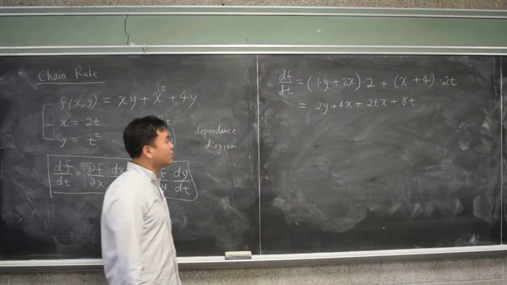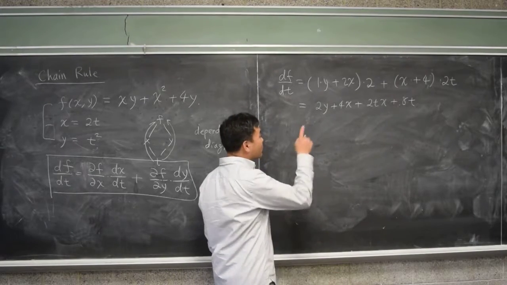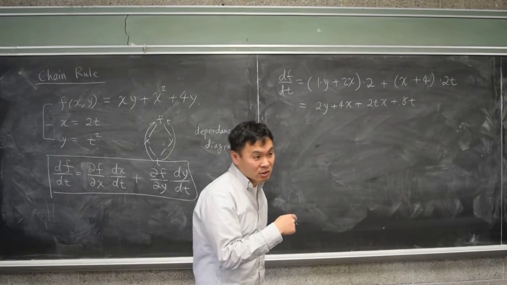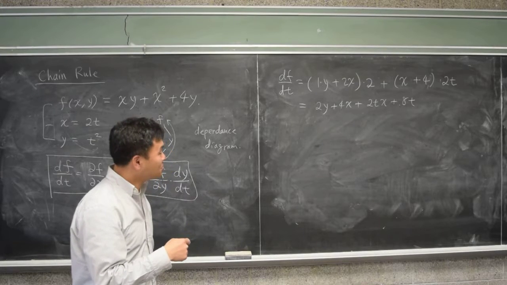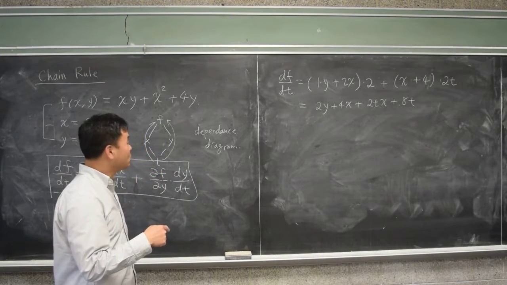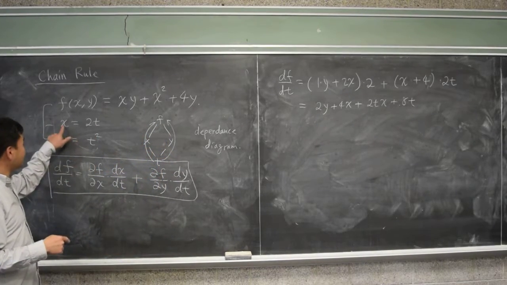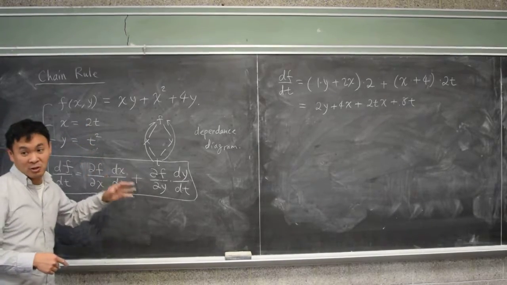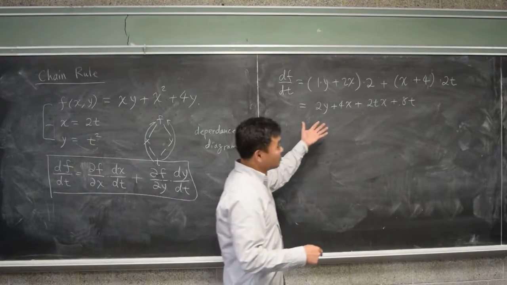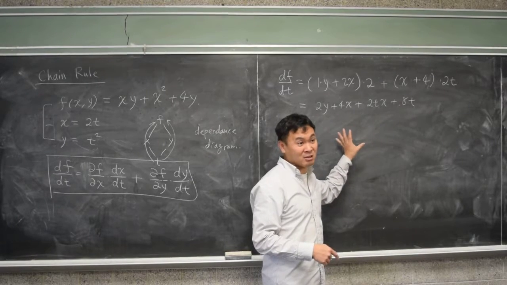A lot of times, if you actually want to evaluate this for a specific value of t, you want to replace x and y by 2t and t squared, because in that way you can simplify it into a readily usable form.